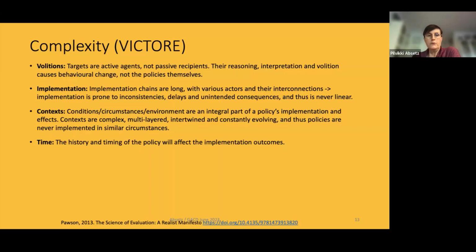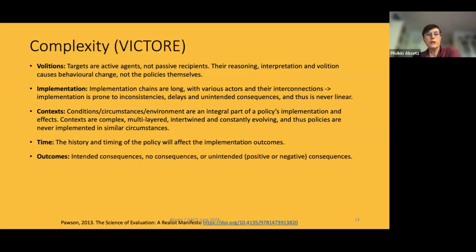If you think of, for example, tobacco policies, the way people perceive smoking and the prevalence of smoking in the population may all influence the implementation. Then in terms of outcomes, there may be intended consequences, but also often no consequences, or unintended positive or negative consequences that need to be taken into account.